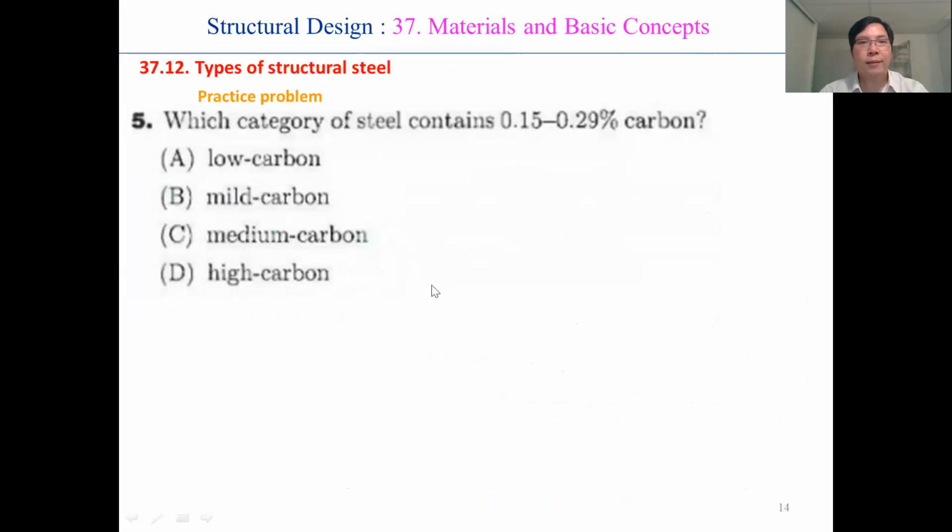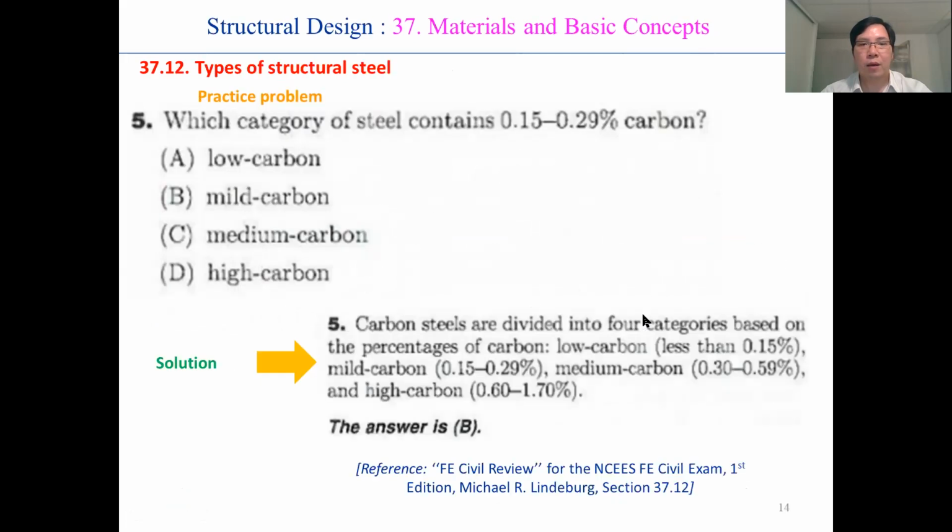Now we pass to another practice problem. The question is: which category of steel contains 0.15 to 0.29% carbon? And you can see the response explanation of the theory that you can find in the documentation.